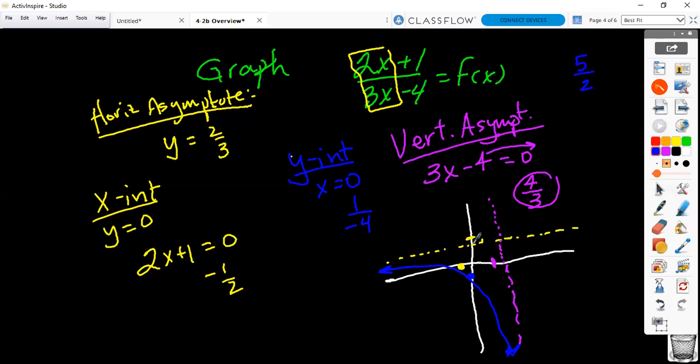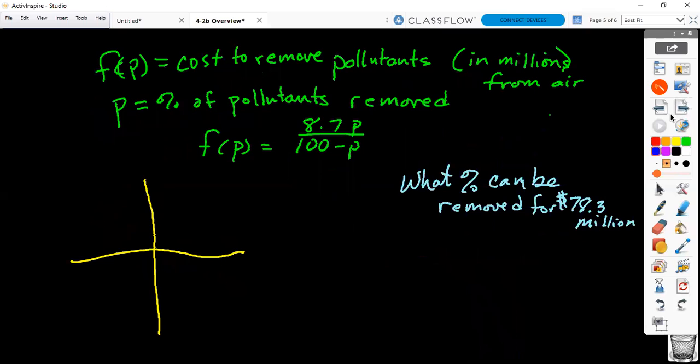So 2.5 would be above this horizontal line, because that was up at 2/3. So that means that my other piece of this graph is up in that sector right up there. So there's how I would get a graph of there.